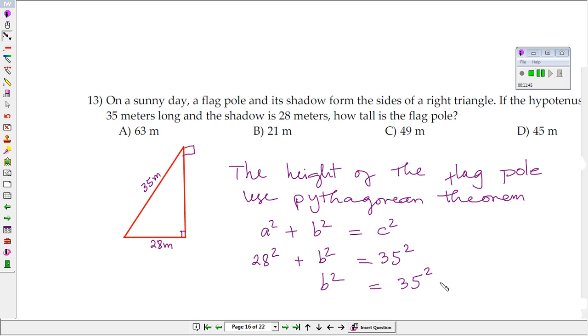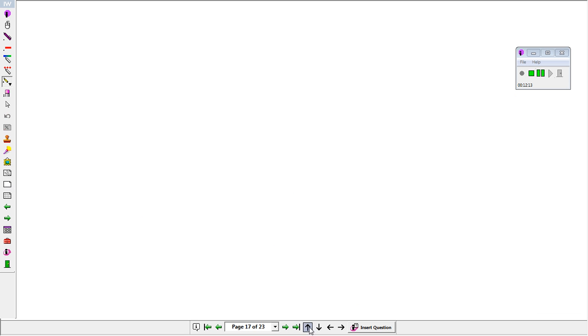Therefore b squared equals 35 squared minus 28 squared. Taking the square root of both sides, that will be 21. So 21 meters. You can look at matching with option B.